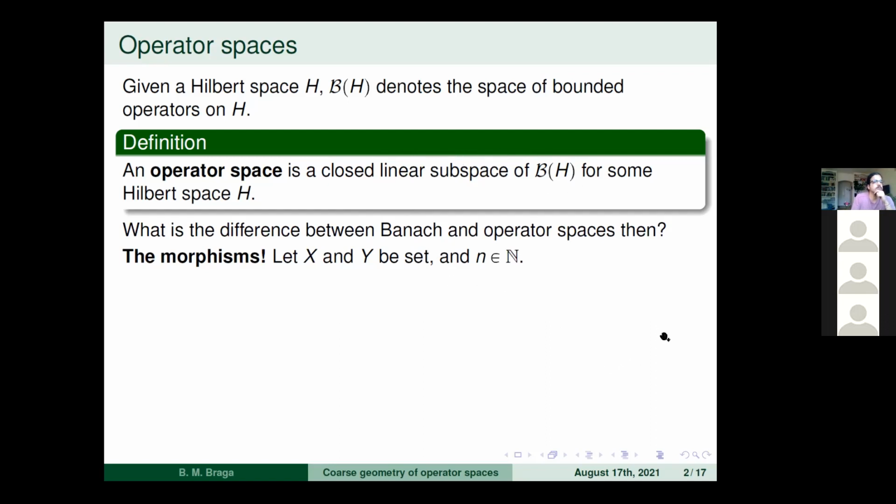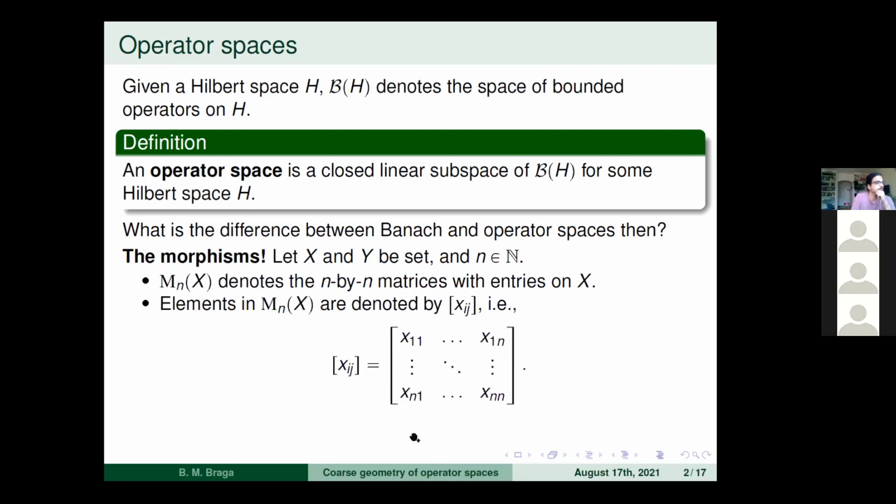So let's just quickly see how this is done. Let's say that you start with a set X and a set Y and some natural number n. By M_n(X), I'm just denoting the n by n matrices with entries in X. And we're going to be denoting elements in it by things of this sort.